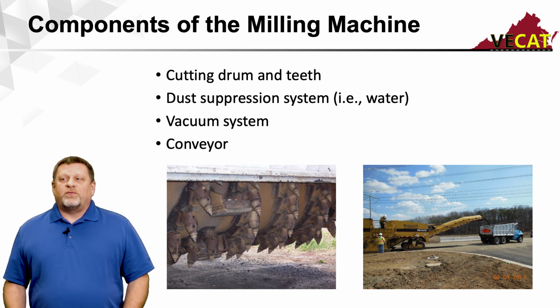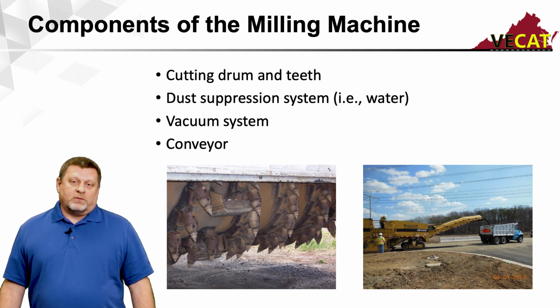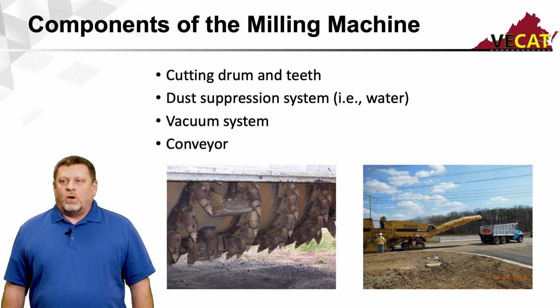You just want enough water sprayed into the operation to keep it cool, because the milling operation generates a tremendous amount of heat, and to suppress any airborne dust that could happen during the process. So it's a very mild amount of water. And as we said, the conveyor is what's used to move the material from the roadway up to the bed of a truck.